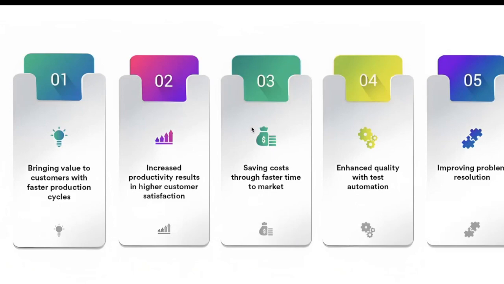And improving problem resolution: as I said earlier, with test automation the problems will be identified at an early stage. If any problems are there after deployment, we will also do continuous monitoring and continuous review of the application, which will identify the problems early, before they are identified by the customers. So these are the main problems solved by DevOps.